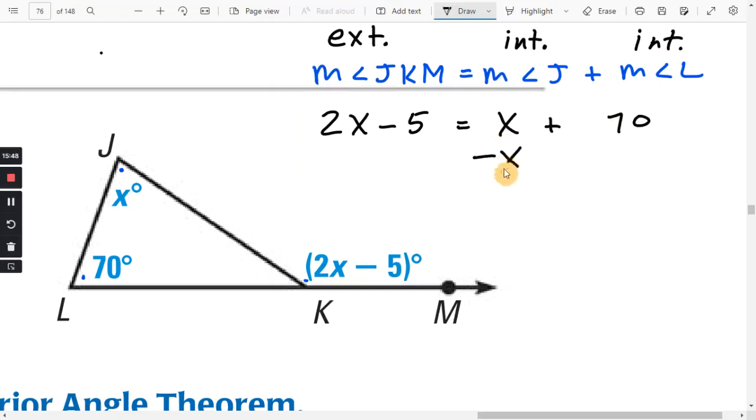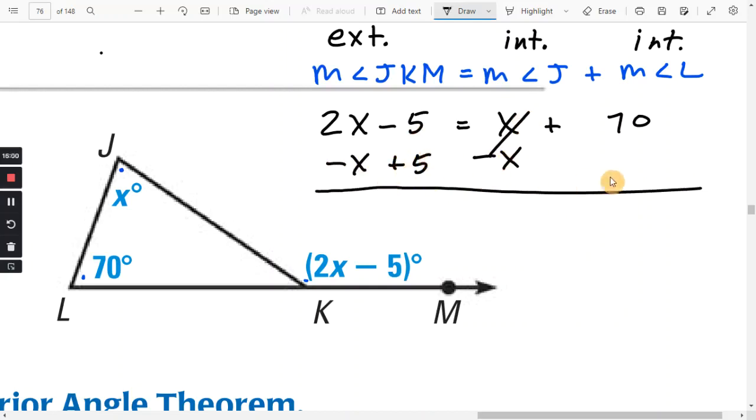So I'm going to do minus x on both sides. X minus x cancels. And we want to get the 5 over here. So opposite of negative 5 is plus 5 on both sides. And this cancels. 2x minus x is just x. 70 plus 5 is just 75. So that is just x.